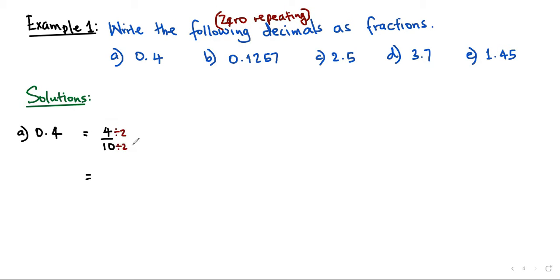So you find that 4 divided by 2, you'll get 2, and 10 divided by 2, you'll get 5. So you get 2 out of 5. So it implies that 0.4 as a decimal can be written as a fraction as 2 out of 5. I hope that is very, very okay.